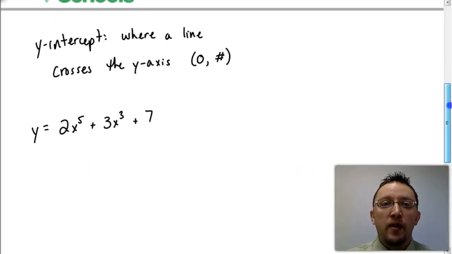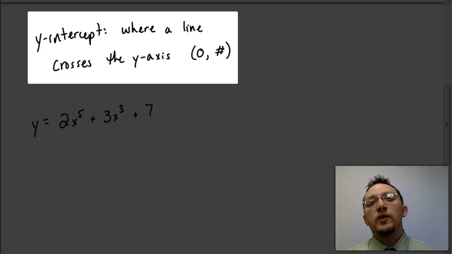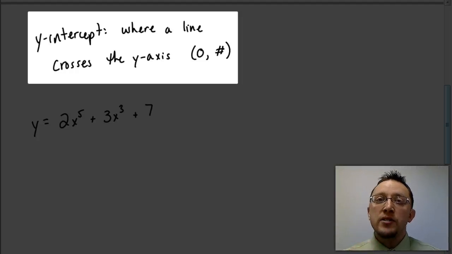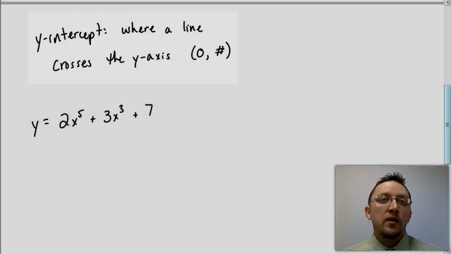For example, we want to make sure that we understand what a y-intercept is. A y-intercept is, remember, the coordinate where a line is going to cross and intercept the y-axis. Now that's a coordinate, so it's going to be a coordinate where x is always 0 and the y value is the y-intercept.